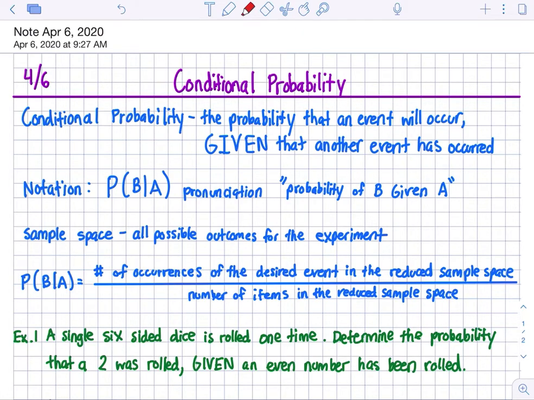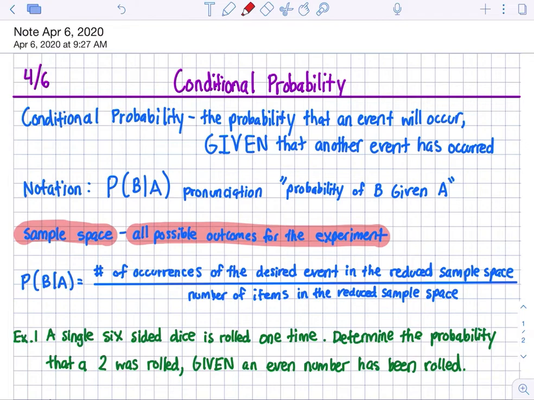One thing I do want to talk to you guys about is this definition right here, which is a sample space. A sample space is simply all the possible outcomes of an experiment. For example, if you flip a coin, what are all the possible outcomes? Heads or tails.